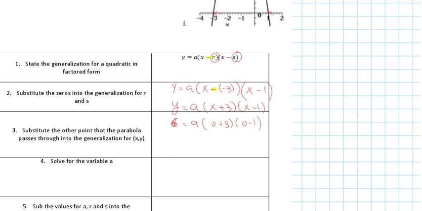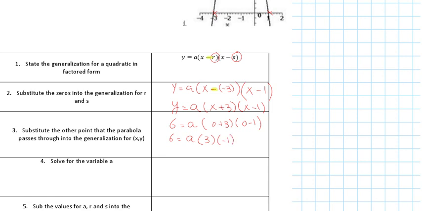That's not 9. Now what do you do now? Brackets? You don't FOIL. What's 0 plus 3? What's 0 minus 1? Negative 1. Okay. Good. So we simplified the brackets.